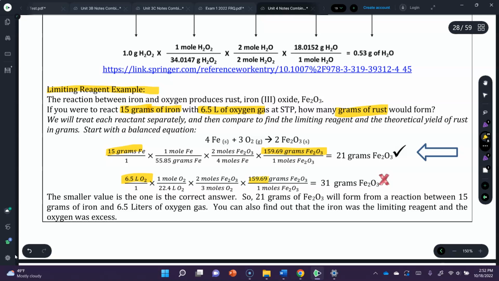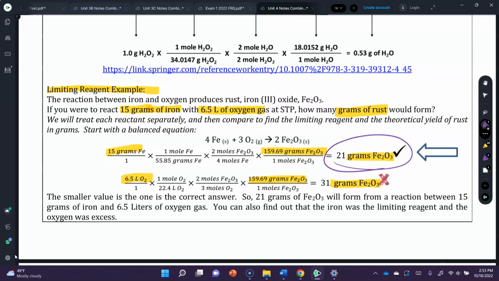So you end up with grams of rust. Now the one that you actually make is going to be the smaller value out of the two. So you're technically doing the stoichiometric problem twice, one for each given reactant, in order to find your correct amount. The smaller value is the one that is correct.